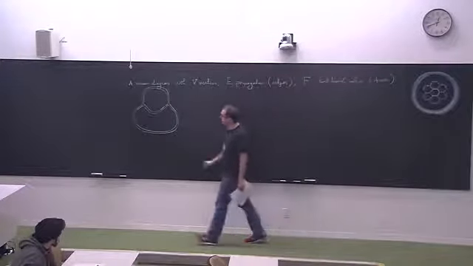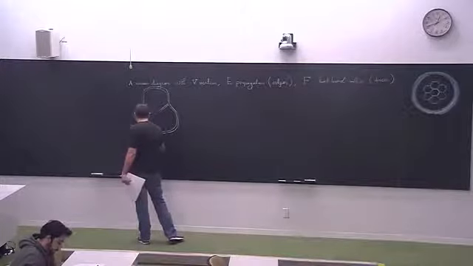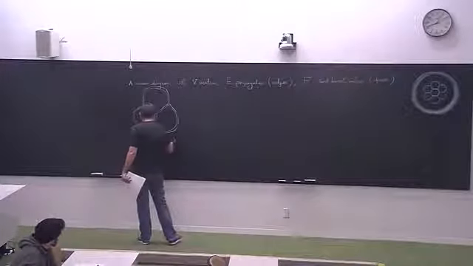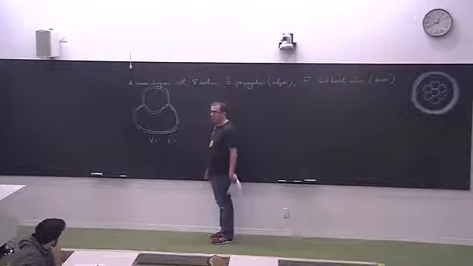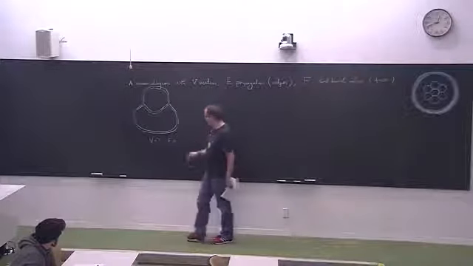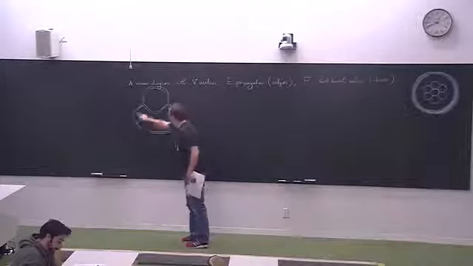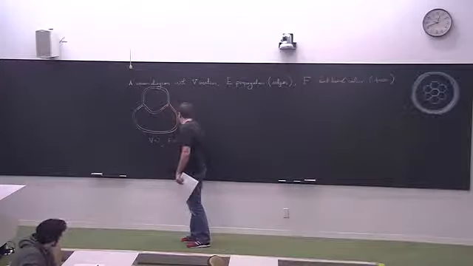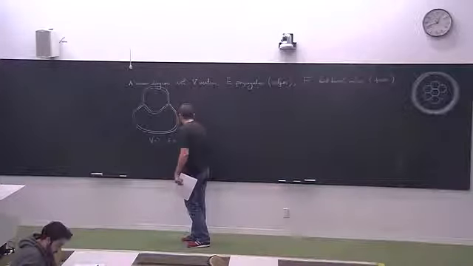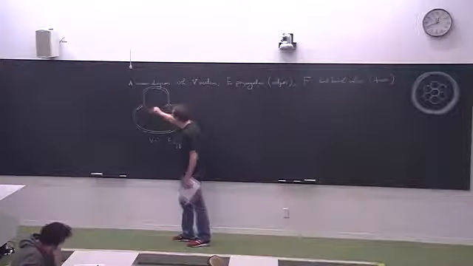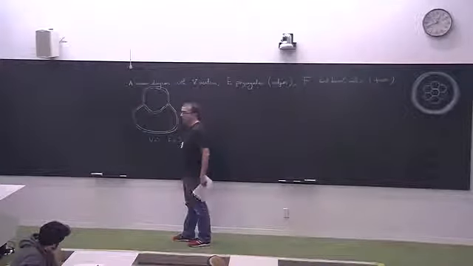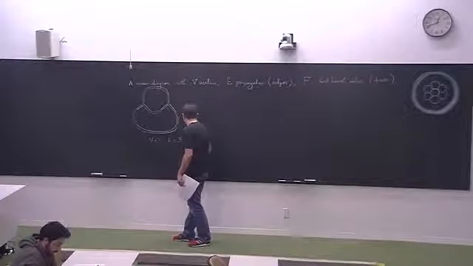And let's see, what would this diagram have? This would have two vertices. How many propagators would it have? 3 propagators, right? 1 here, 2 here, 3 here. And how many loops of color? Loops of color are how many closed lines there are. How many are there? 3 closed lines.